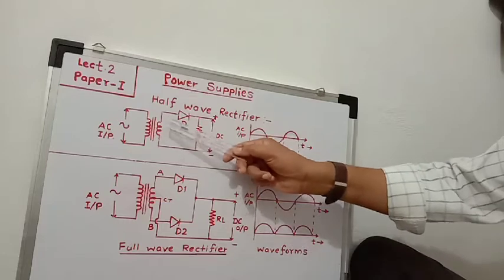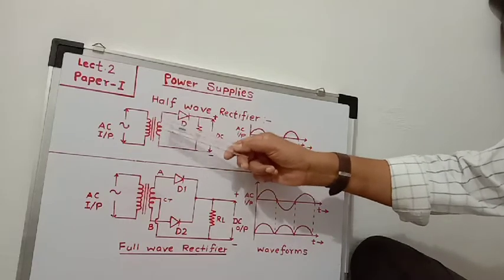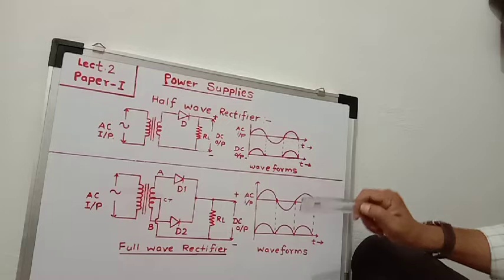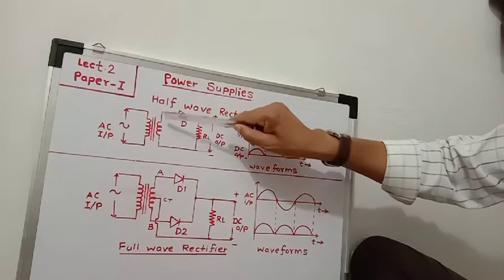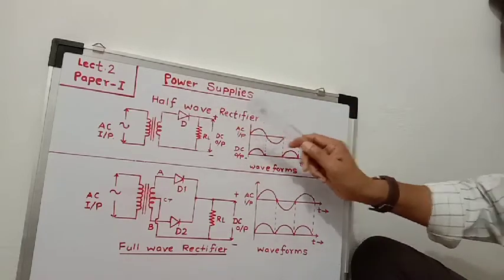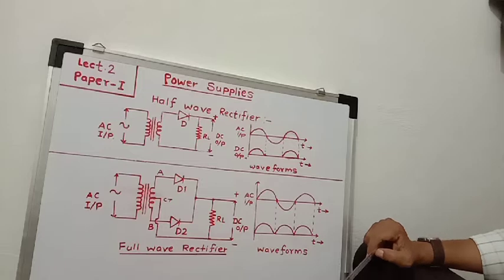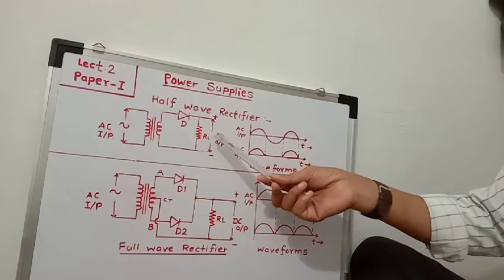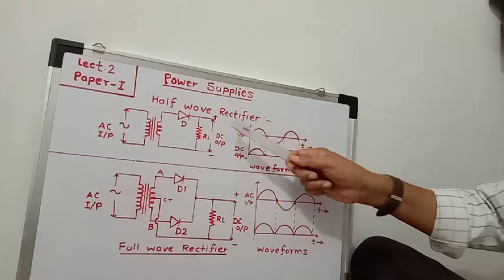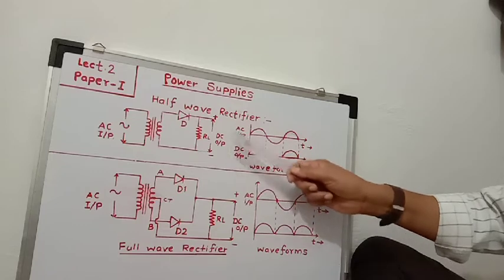Suppose the transformer is 9 volt secondary, then Vp is equal to 9 into 1.414. It is called the peak voltage Vp.